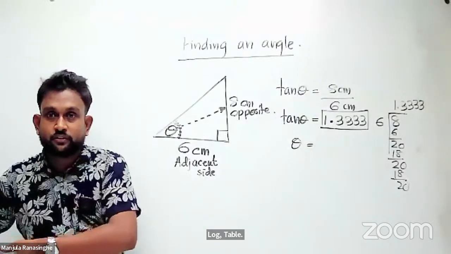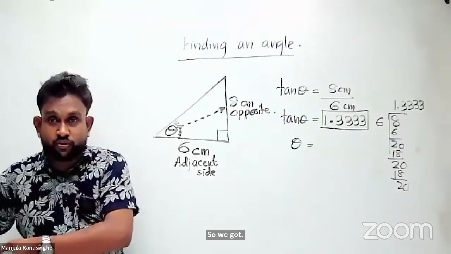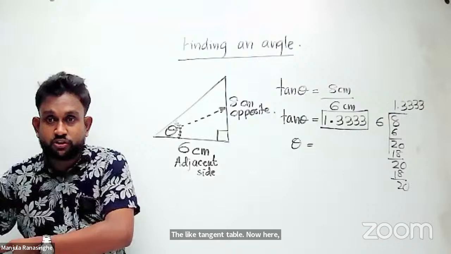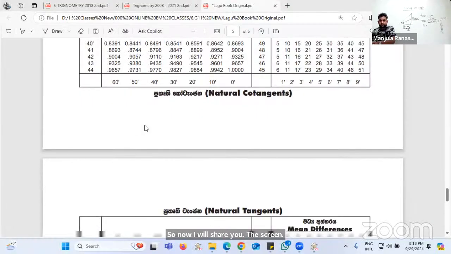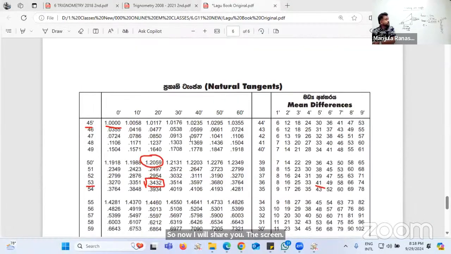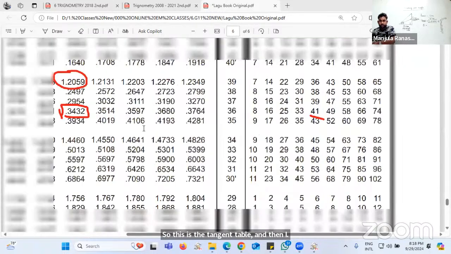So we got the tangent table now, here 1.333. So now I will share the screen with you. So this is the tangent table, and then I check where 1.3333 is located.